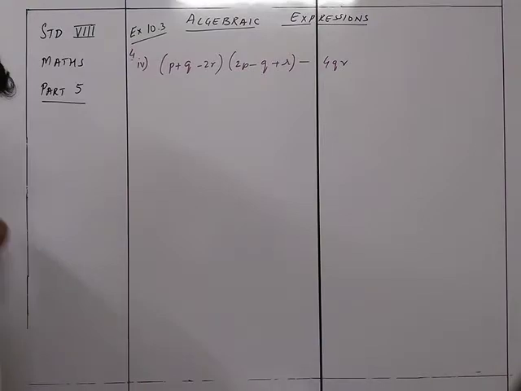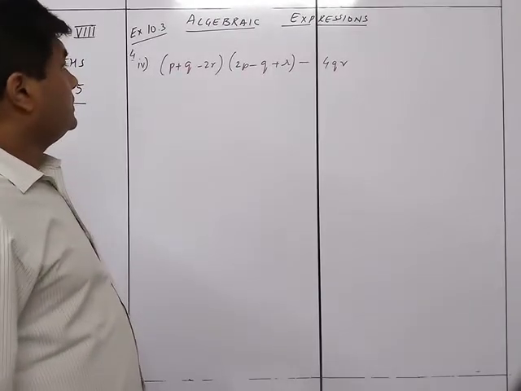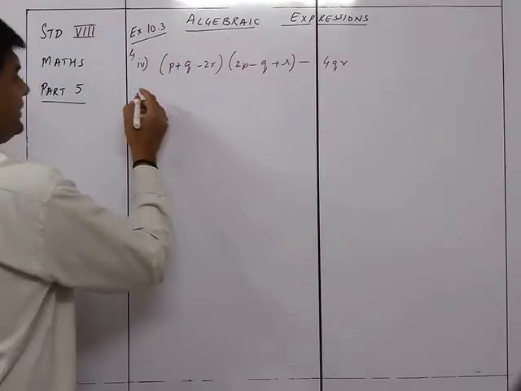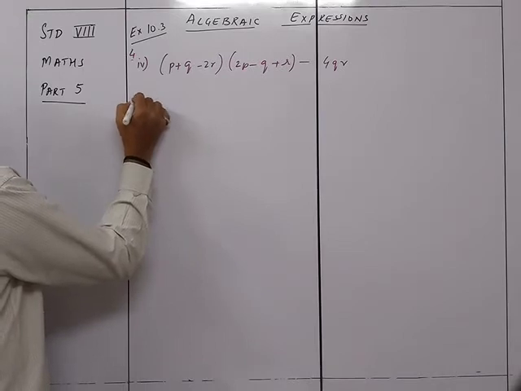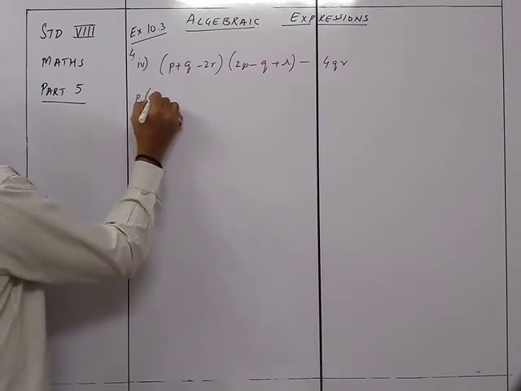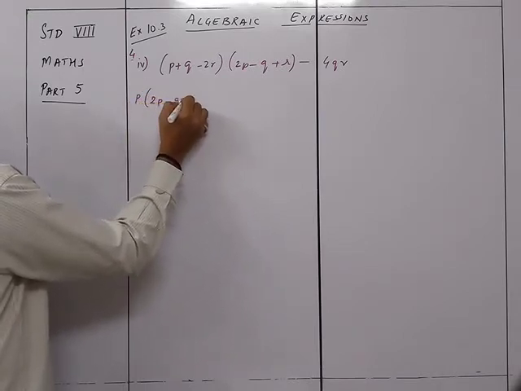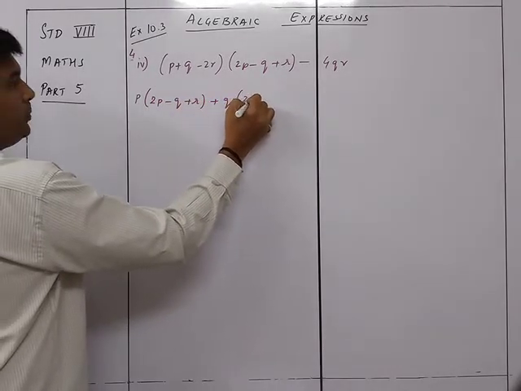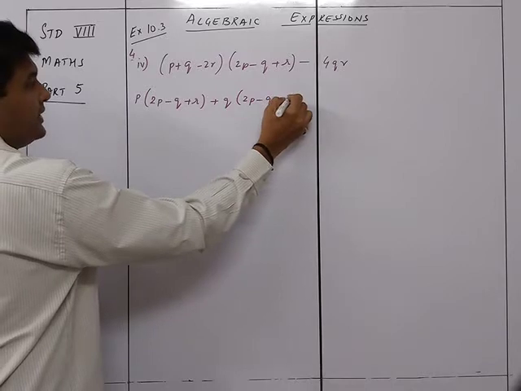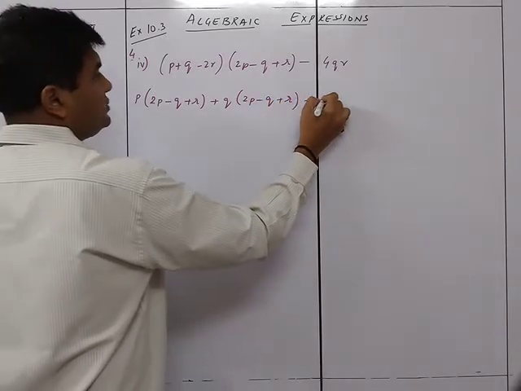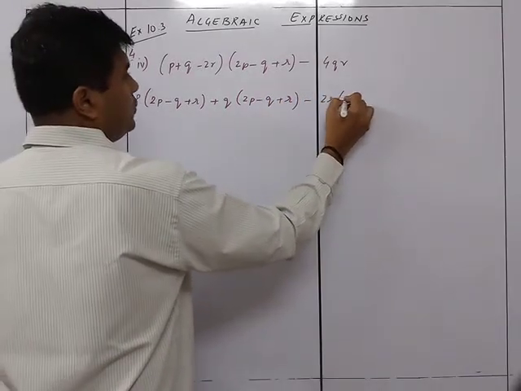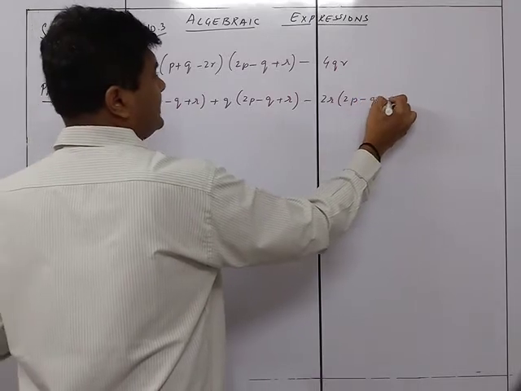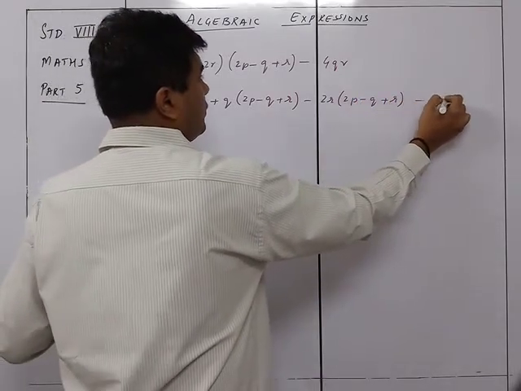Okay, that's the question. So first we multiply these 2, we get P into 2P minus Q plus R, plus Q into 2P minus Q plus R, minus 2R into 2P minus Q plus R, minus 4QR.